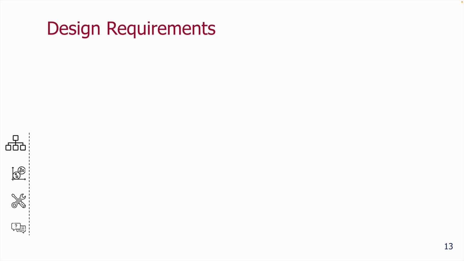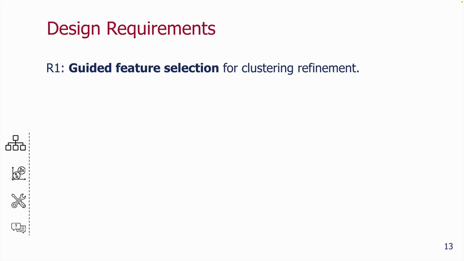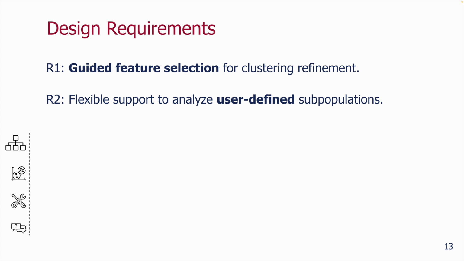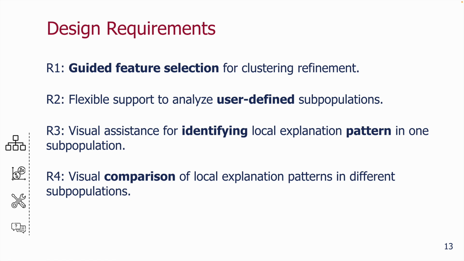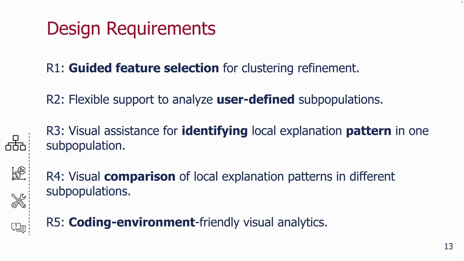At the end of hierarchical task analysis, we identified 5 design requirements, including feature selection for clustering refinement, support for user-defined subpopulations, pattern identification, visual comparison of patterns, as well as support for coding environments, such as a Jupyter Notebook.